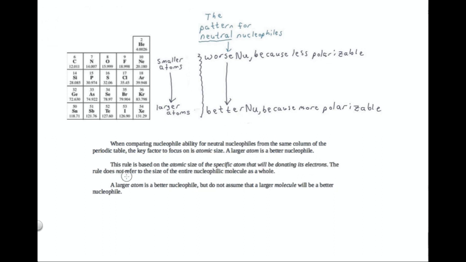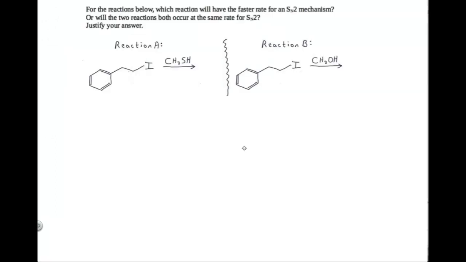The rule does not refer to the size of the entire nucleophilic molecule as a whole. A larger atom makes a better nucleophile. But you should not assume that a larger molecule will be a better nucleophile. Please pause the video and try this problem.